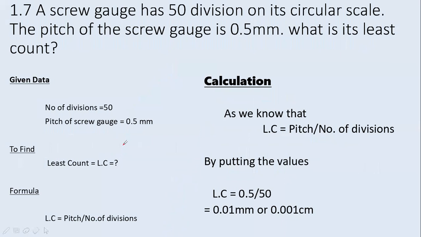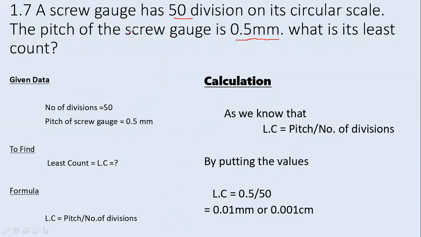In a screw gauge, there are two types of scale: linear scale and circular scale. On the linear scale, the distance between two marked lines is 0.5 millimeter, and the number of divisions on the circular scale is 50.